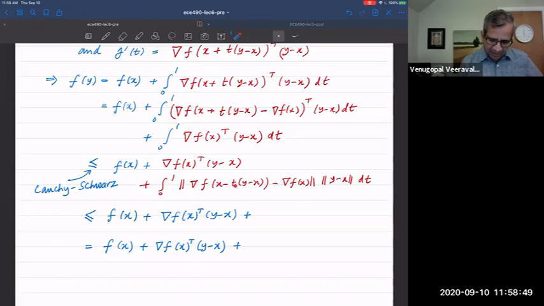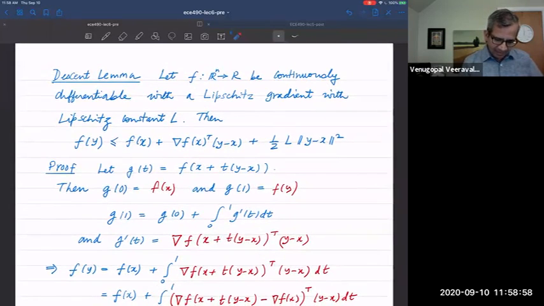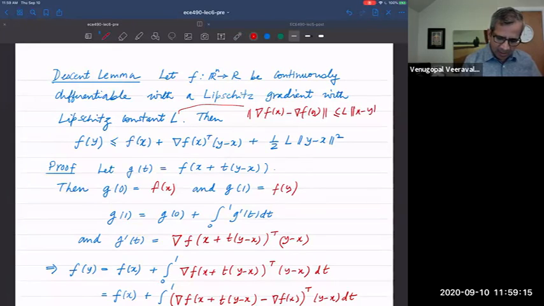So the x cancels and I'm just left with t times (y minus x), times L outside. Let me just remind you of the Lipschitz condition. This says that the norm of grad f(x) minus grad f(y) is less than L times the norm of x minus y.